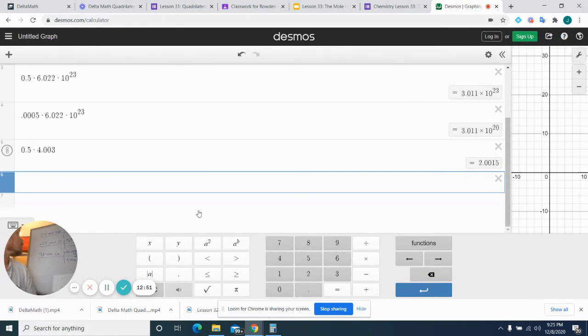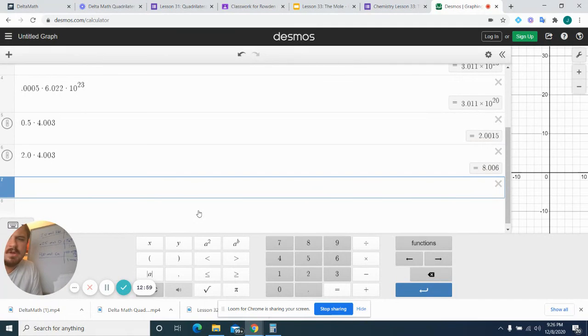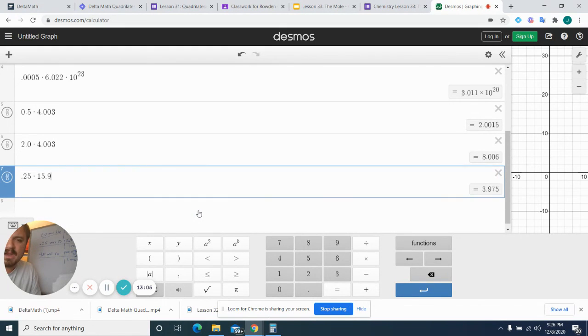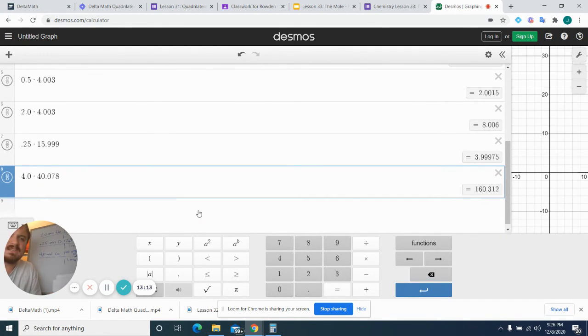So 2.0 times 4.003, then 0.25 times 15.999, and for our last one, 4.0 times 40.078. See how simple it is when you know how to set them all up.